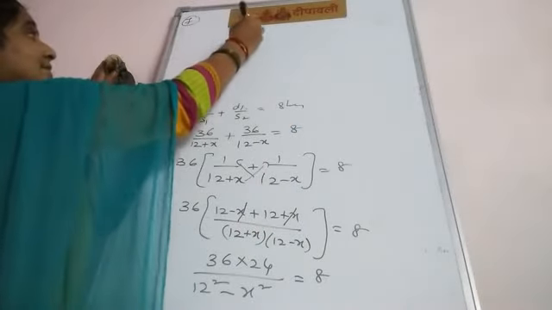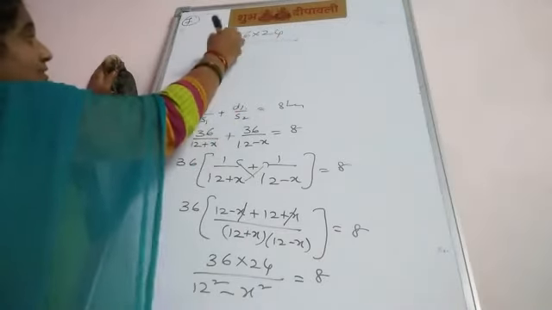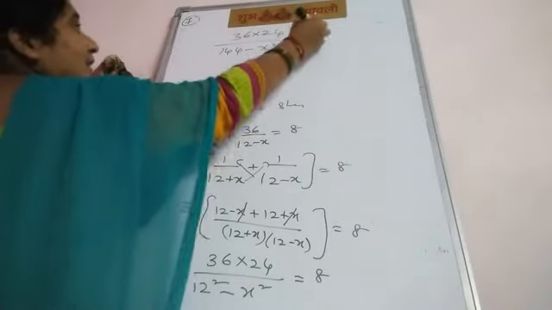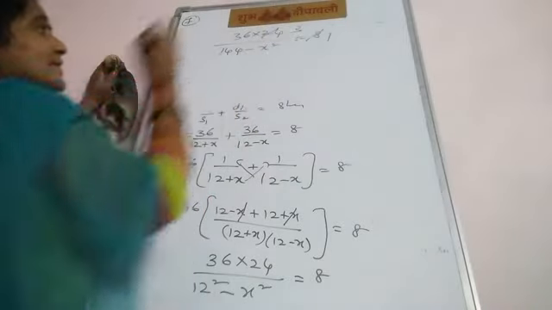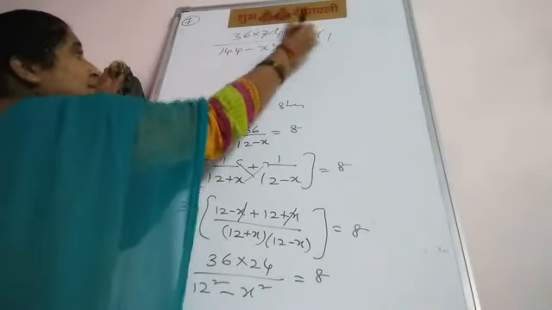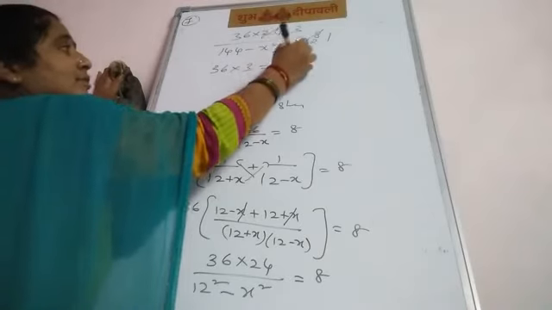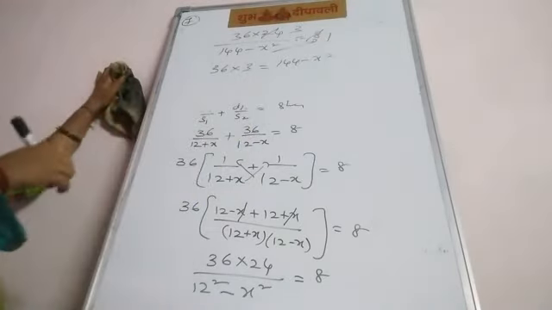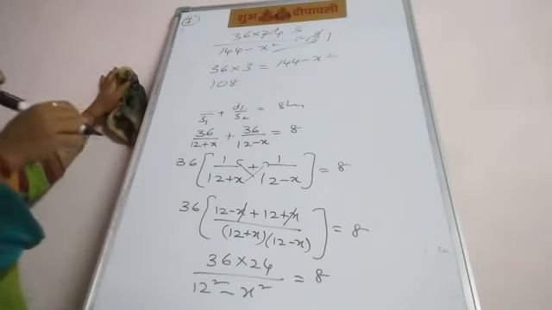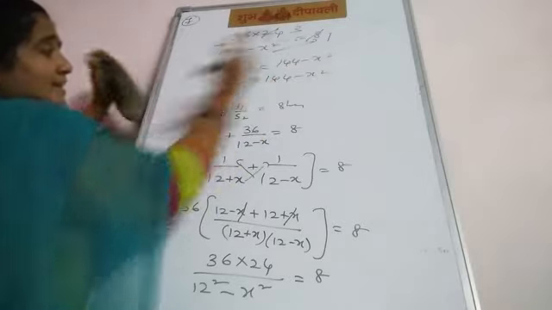See, 36 into 24 upon 12 square, which is 144, minus x square equals 8. 8 ones are 8, 8 threes are 24. This one you can send down, and this one here: 36 into 3 equals 144 minus x square. 36 threes are how much? 108, correct. 144 minus x square.